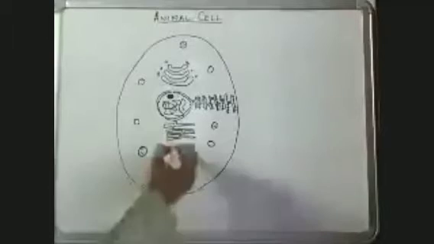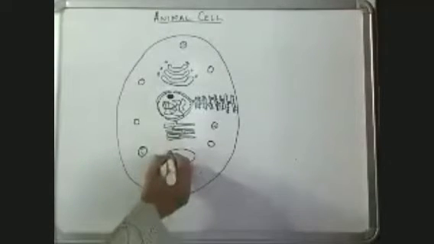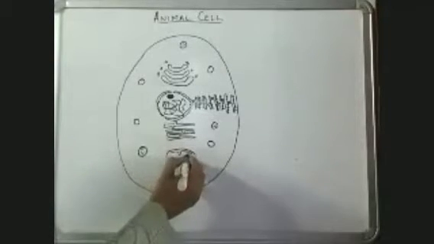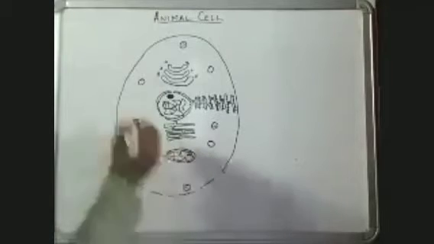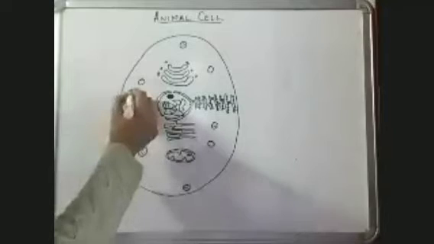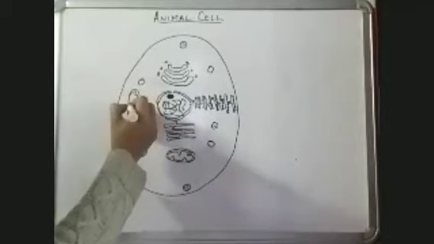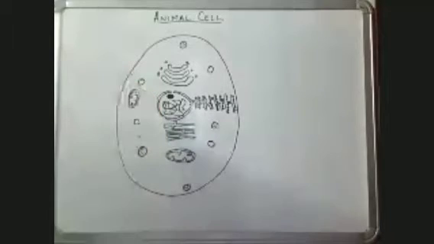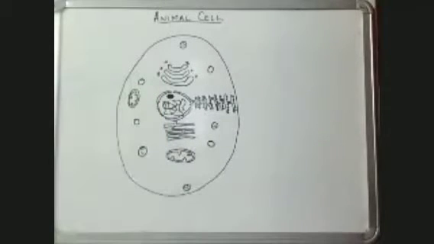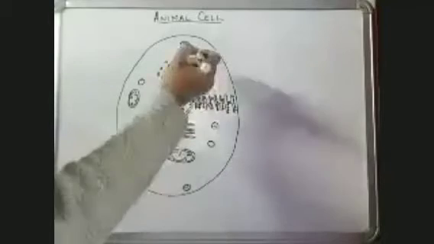We have a number of mitochondria where the inner wall has infoldings which are known as cristae. This way.